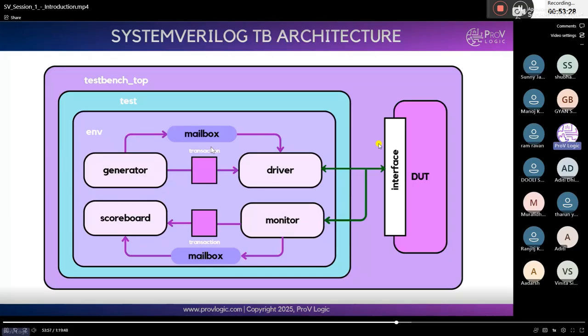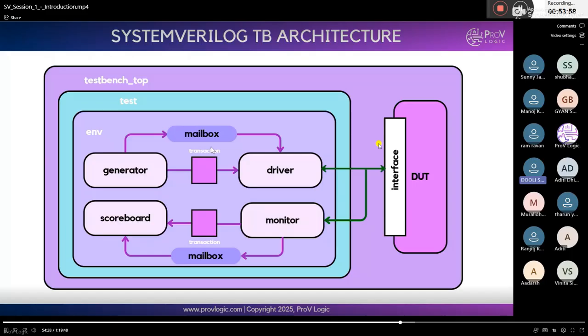Okay. So the generator will generate the stimulus which is required for the verification of the DUT. From there, through the transaction, we will drive the data through the driver into the DUT. So the DUT will give the generated value to the monitor. In the monitor, we will write the logic for comparing the data with golden values.